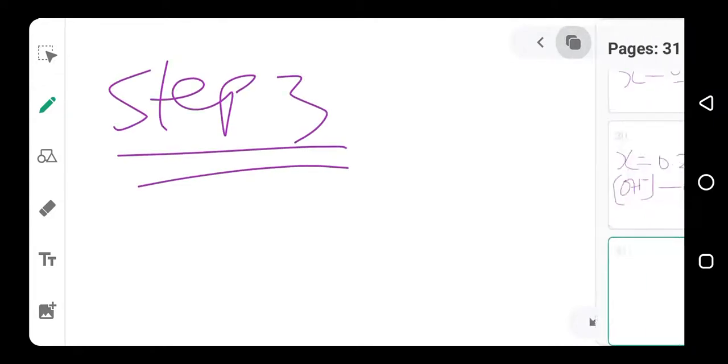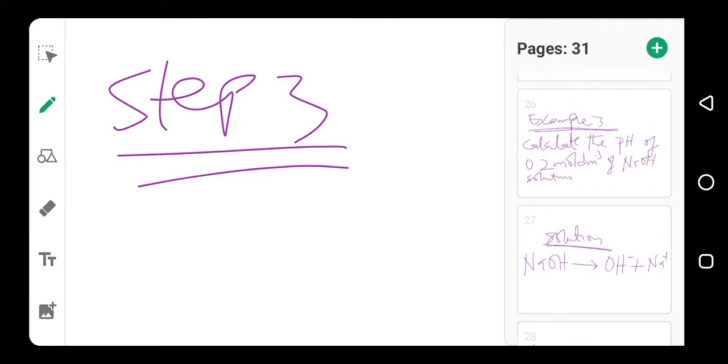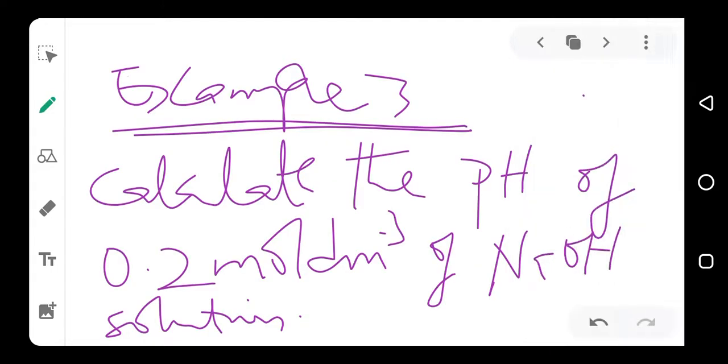Now, look at this. Step 3. In step 3, we are asked to calculate the pH of the solution. Now, this is talking about base, and I've said that in base we talk about pOH, while in acid we talk about pH.